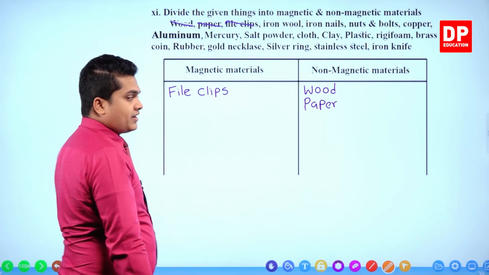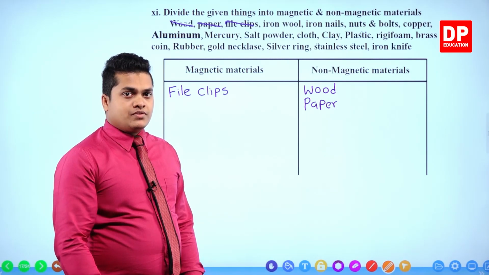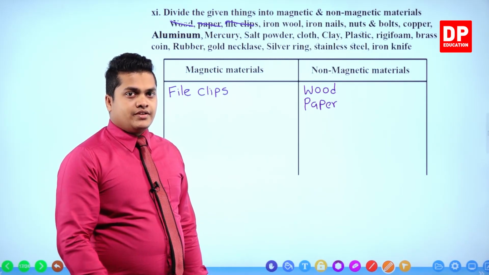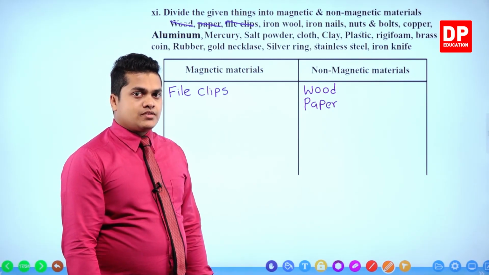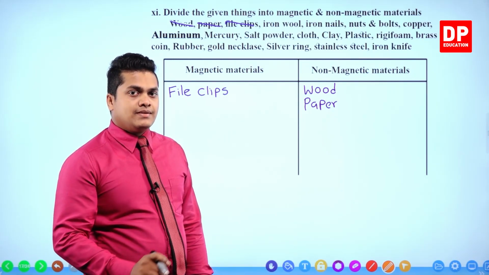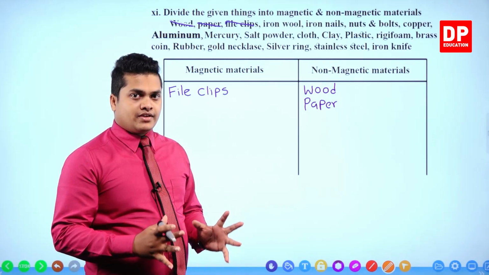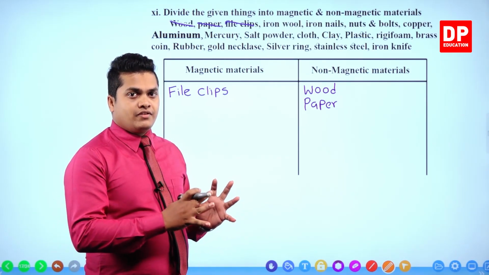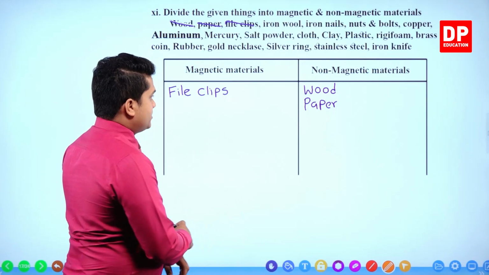We used file clips during those activities in which we observed the magnetic field, and on different occasions to create electromagnets. It's because if you take file clips, those things are magnetic materials.